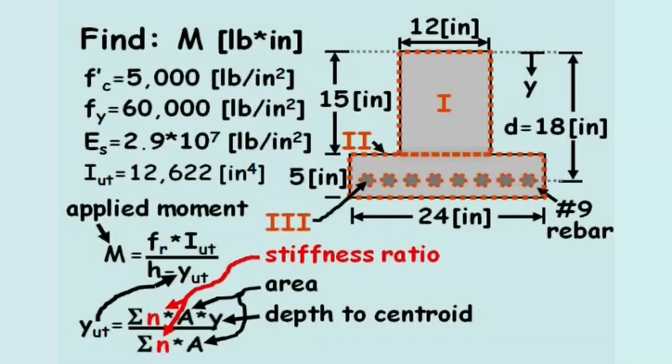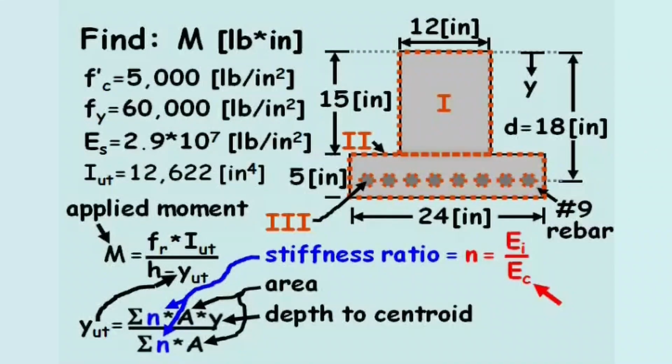The stiffness ratio, n, for part i equals the Young's modulus of part i divided by the Young's modulus of a reference material. We'll use concrete as our reference material and add a subscript c to the denominator.